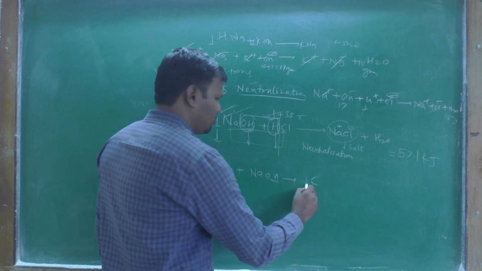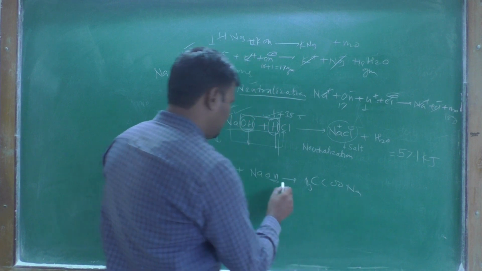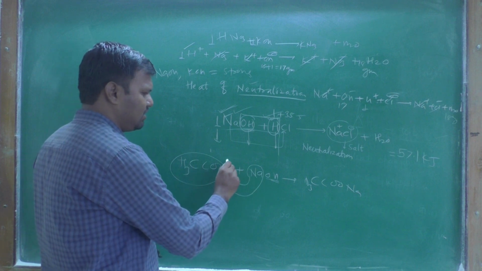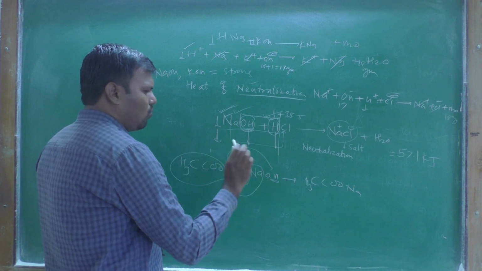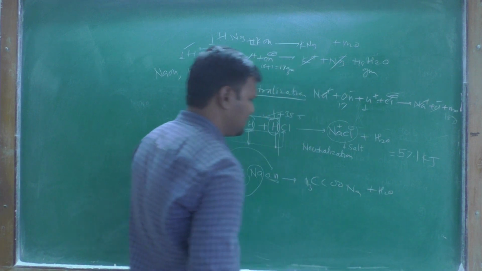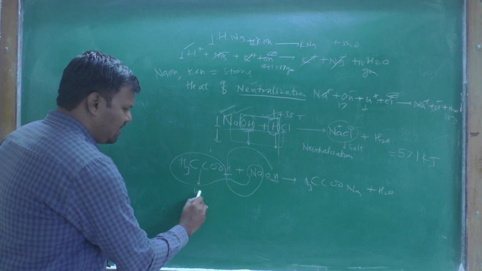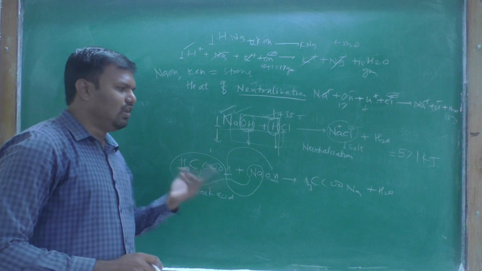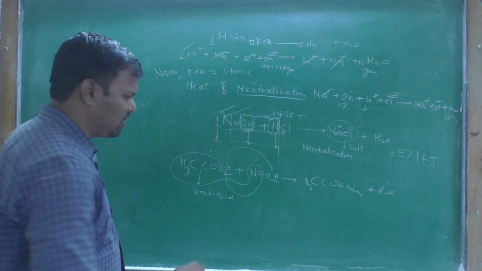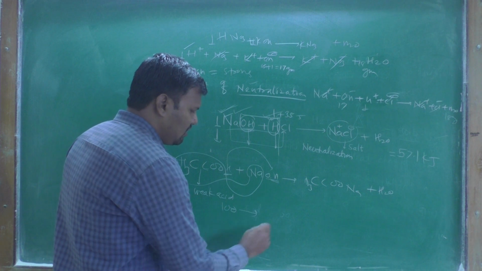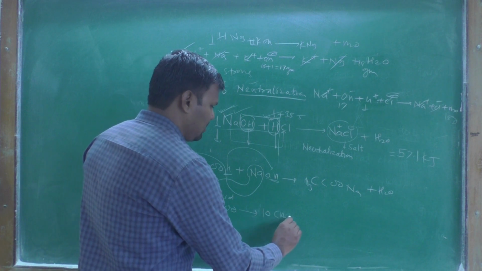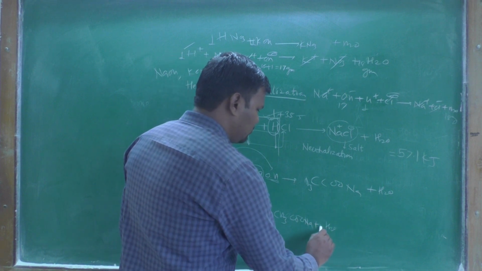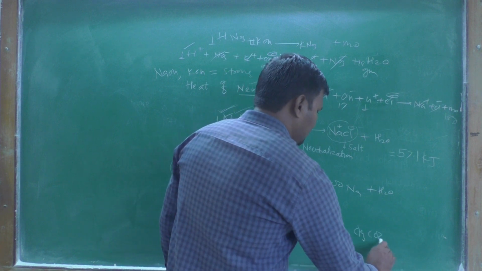You will obtain the salt CH3COONa, and H and OH give H2O. In this case, the acid is a weak acid, meaning it gives only small dissociation. For example, if it has 100, you obtain only 10 CH3COONa, plus 10 H2O, and the remaining quantity is as it is.